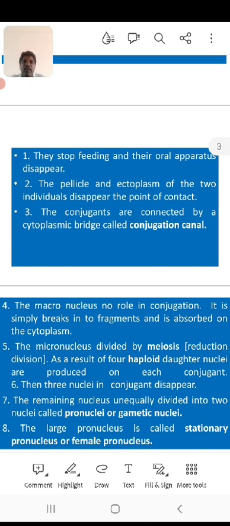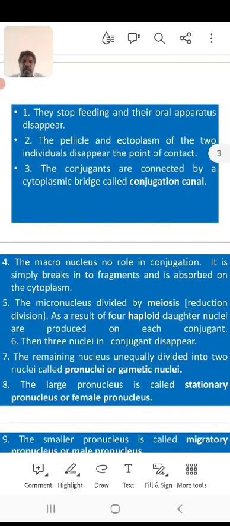Of the four daughter nuclei produced by meiosis, three micronuclei disappear. The remaining one micronucleus divides unequally into two nuclei called pronuclei or gametic nuclei.